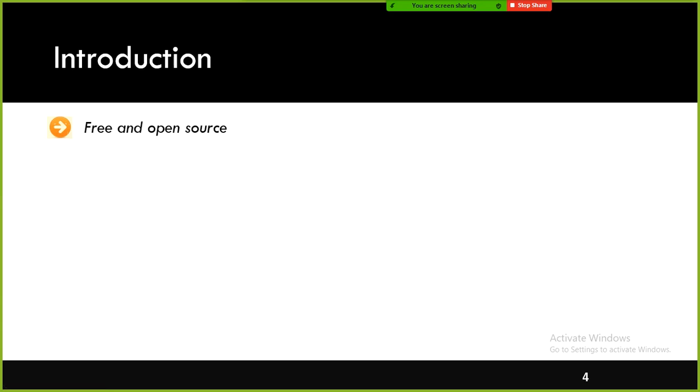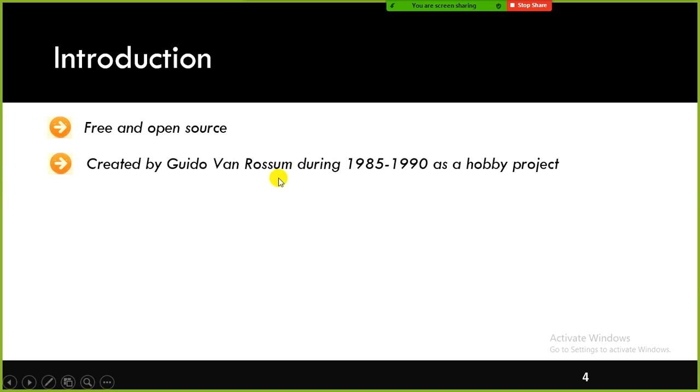Python is a very powerful and simple general purpose programming language. It has been around for close to 25 to 30 years. Between 1985 and 1990, Guido van Rossum developed this as a hobby project, which is what I discussed yesterday. The popularity of Python keeps growing because it is open source software and it is very easy to learn compared to any other programming language.